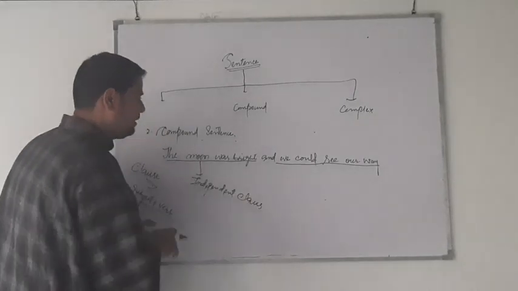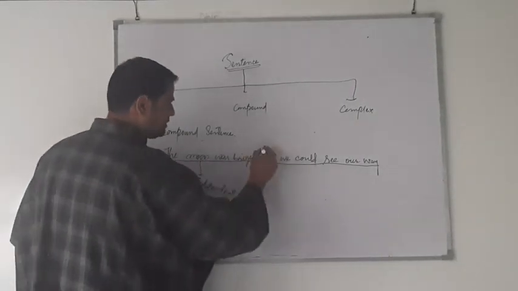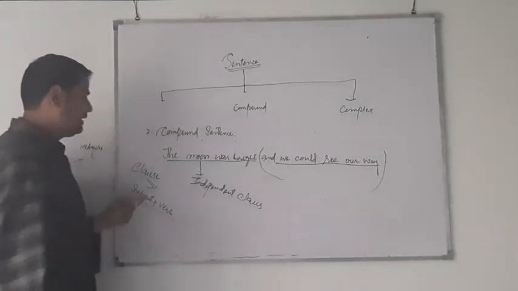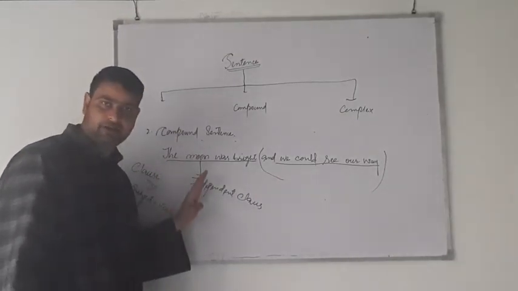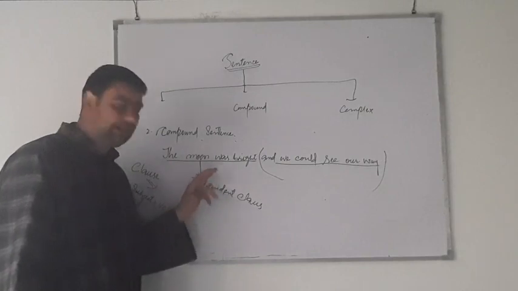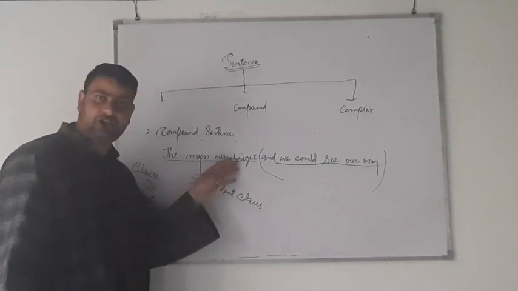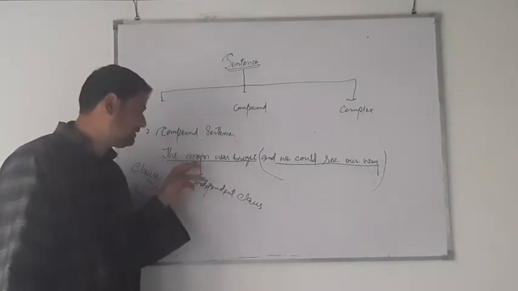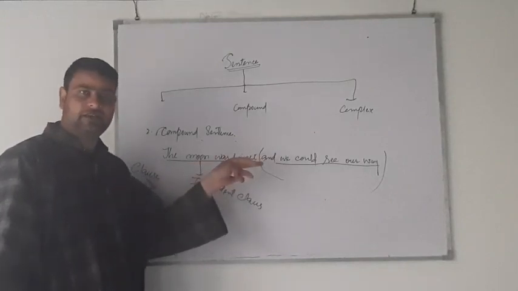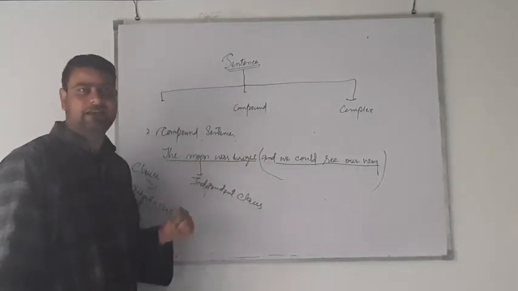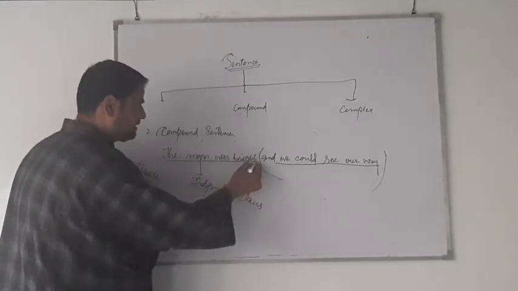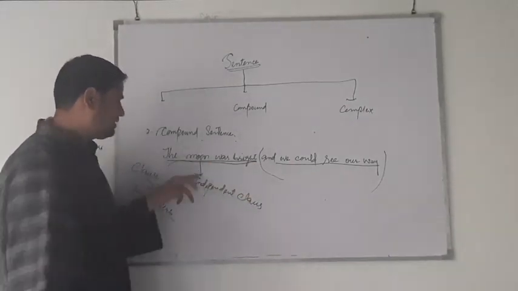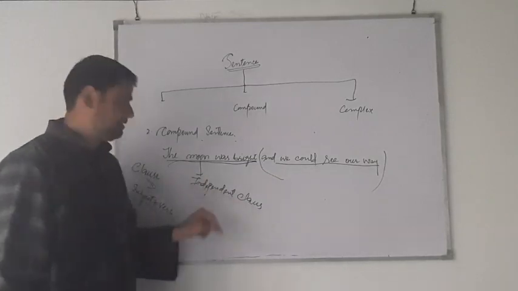Look, for example, you forget about this part of the sentence. If I say the moon was bright, it gives complete meaning. This part of the sentence does not require help from any other clause to give complete meaning. Hence this type of clause is termed an independent clause.